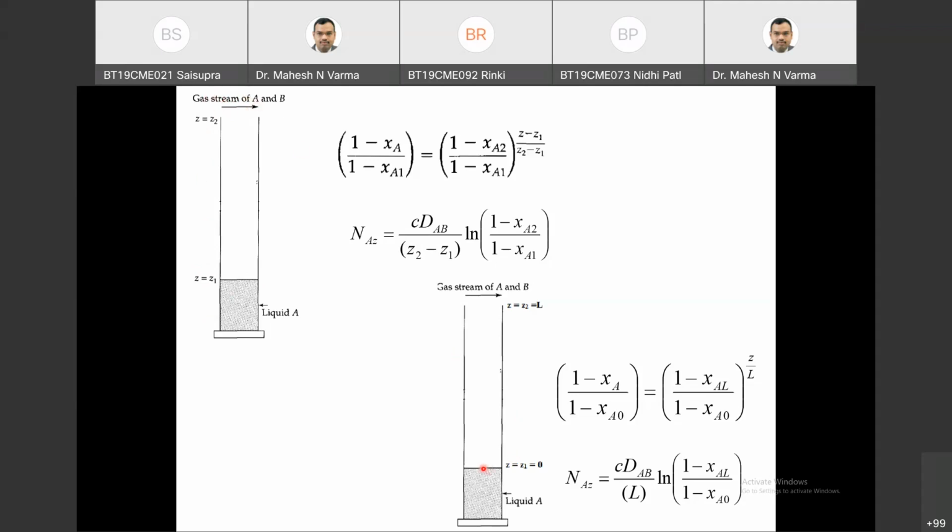Now these will be renamed XA0 and XAL. So this flux profile and this concentration profile will be the same. This is not a difference, just renaming as per the location, since the origin is here now.